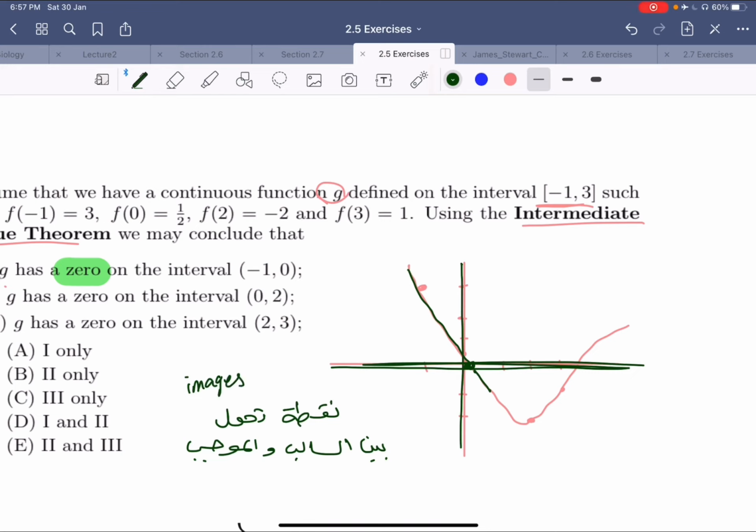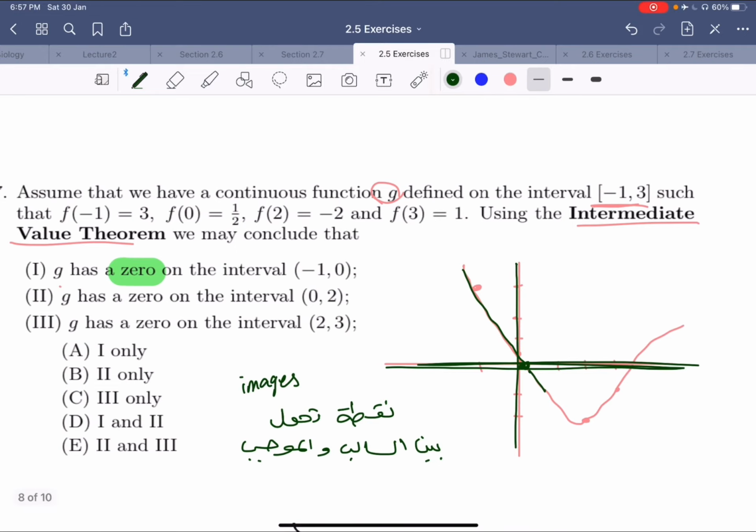So عم بيحكي لنا هون we have a 0 on the interval between -1 and 0. هاي -1 وهاي 0.